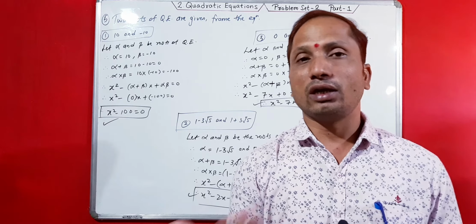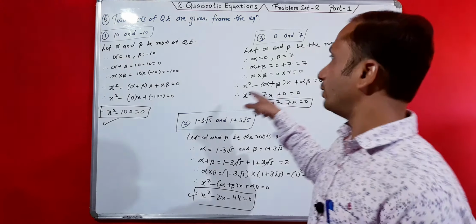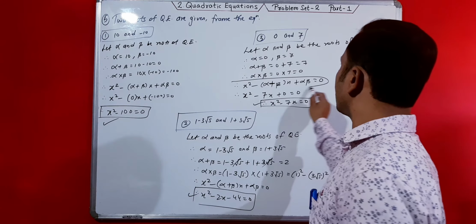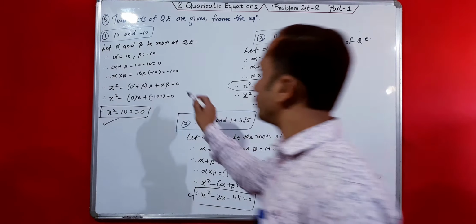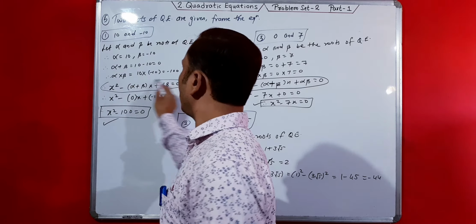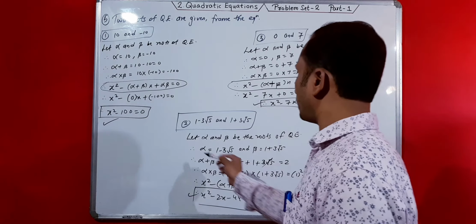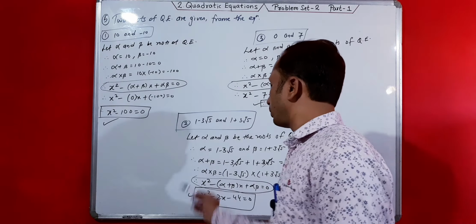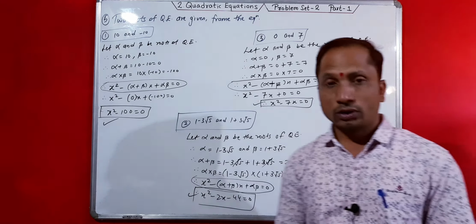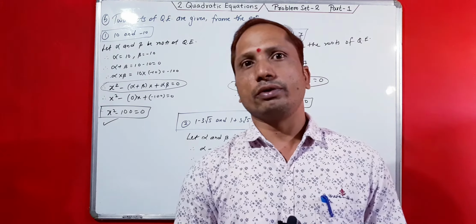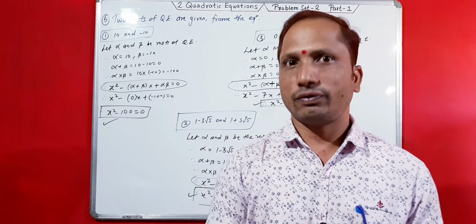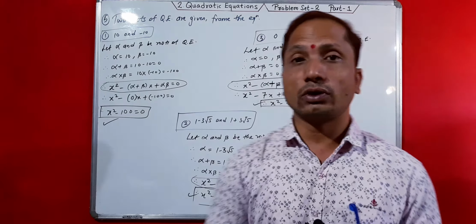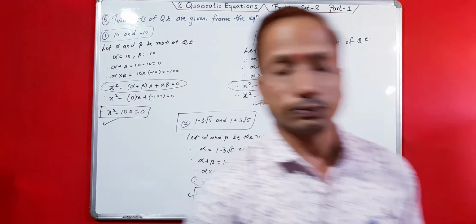Find alpha plus beta and alpha into beta, and just put those values in this required pattern. Then do the calculation and you'll get the proper equation. So do it very accurately, and you'll get the perfect required quadratic equation. This is question number 5. We have solved it, and now we're going to solve question number 6.